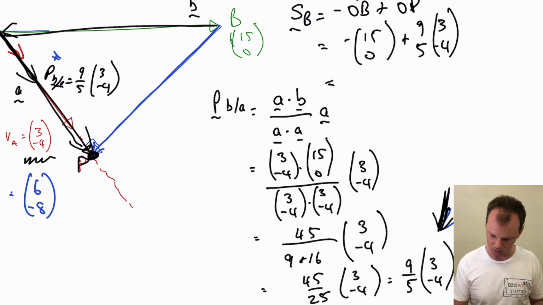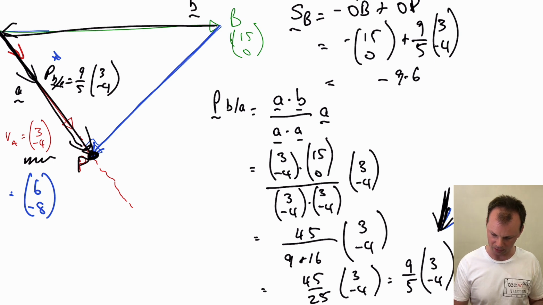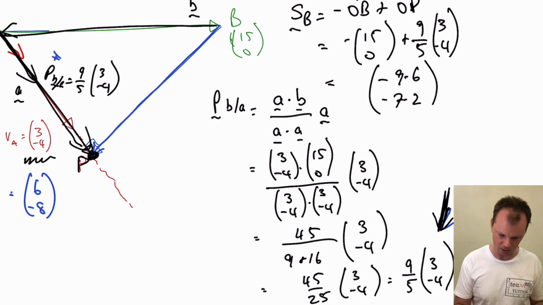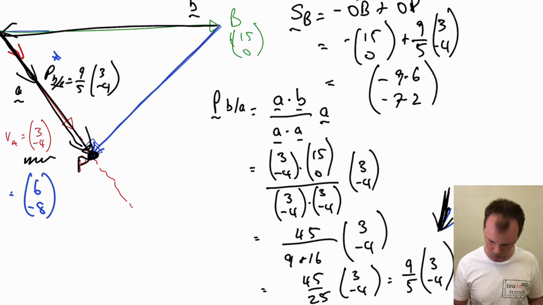We've got 9 on 5 times 3, and then we're minusing 15, so we get negative 9.6. And then we've got 9 on 5 times negative 4, and then we're adding or subtracting 0, so we get negative 7.2. Okay, so that's that blue vector here. This vector is negative 9.6, negative 7.2.